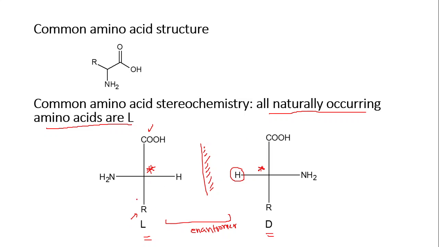As I said, all naturally occurring amino acids are L. There are different theories on why that is, which you can discuss in the actual class, but this is a fact. Regardless of what side chain you have, while doing D and L you are not really considering the side chain. You are just considering the position of the H and the NH2 group, because COOH, the most oxidized carbon, is always on the top.